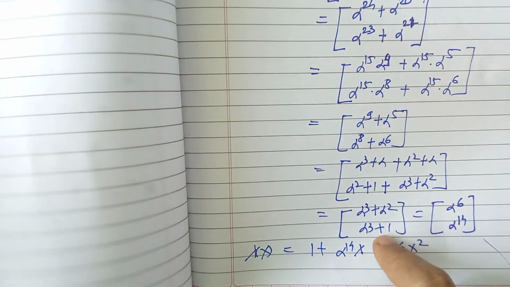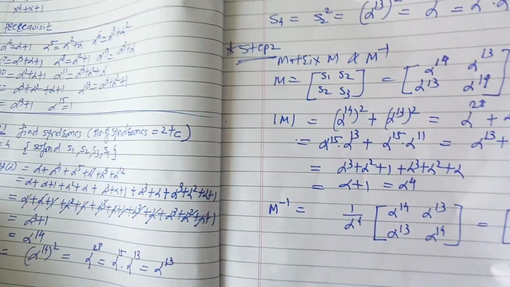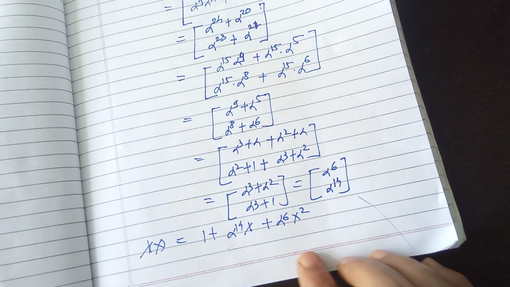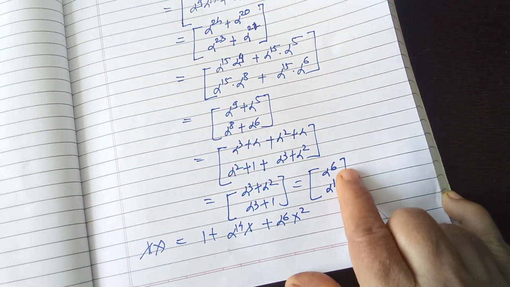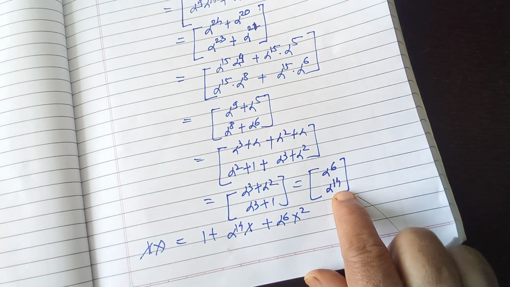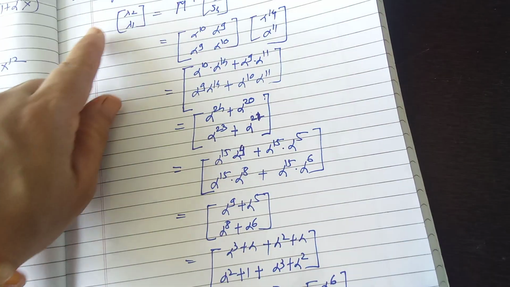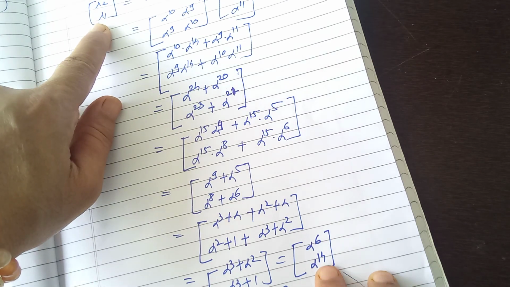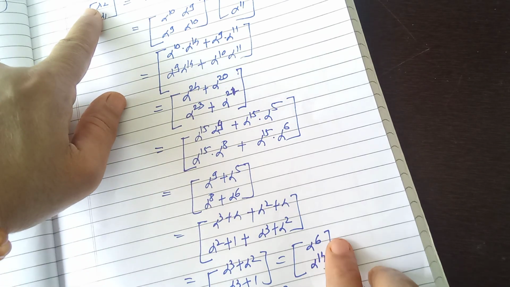Here alpha cube plus 1 is alpha 14. So once you get this alpha 6, alpha 14, this you are getting for lambda 2, lambda 1. That means lambda 1 is equal to alpha 14 and lambda 2 is equal to alpha 6.